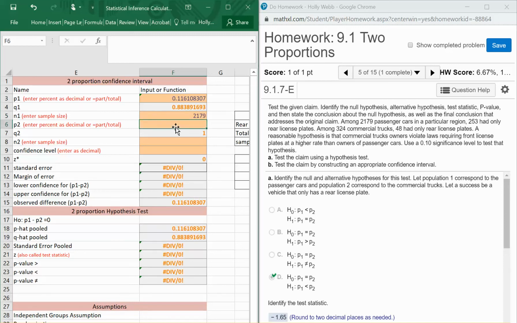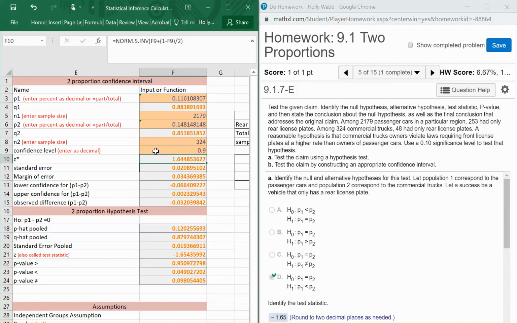Our sample proportion for trucks is 48 over 324, and the total number of trucks, 324. Now, they say they want a 0.1 significance level. That is a 0.9, I'm sorry, yeah, 0.9 confidence level. Okay, 90% confident. So you can see our test statistic here is negative 1.65. So that's where we got that from.